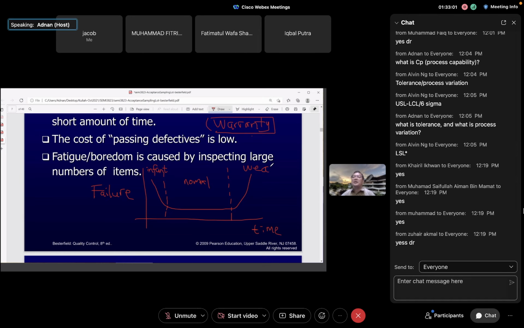So that's why if you use a car, you need to go for maintenance. From time to time you need to go for service, to make sure that the worn out part is being replaced. If you don't replace the component, it will cause the system failure. Okay, the whole car will fail. You change your oil. Okay, so now this is worn out.